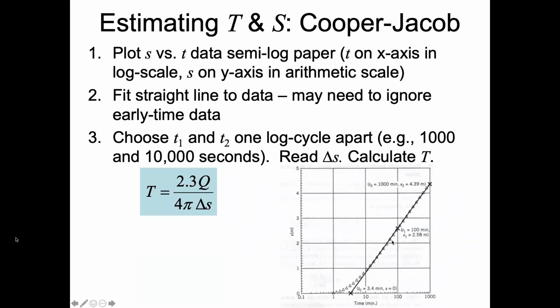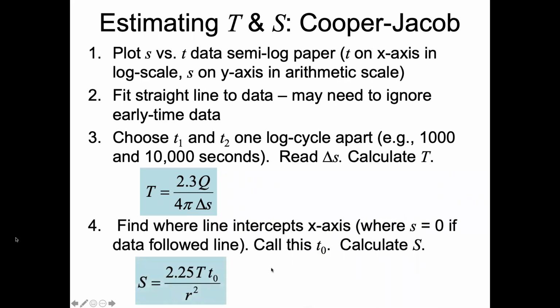If we draw a straight line down and see where we cross the axis at this point, it's at time t0, when we have no drawdown taking place. It was actually 0.34 minutes when we still had 0 drawdown. So we plug that value in here. We have our transmissivity from up here, we know our r squared, which is a given, and you can go ahead and solve for your storativity.